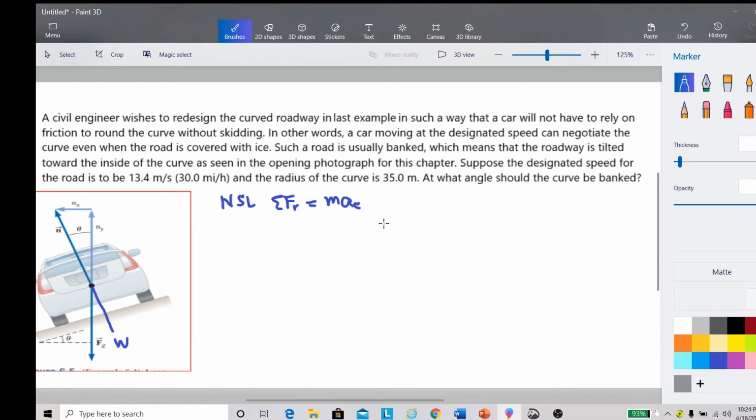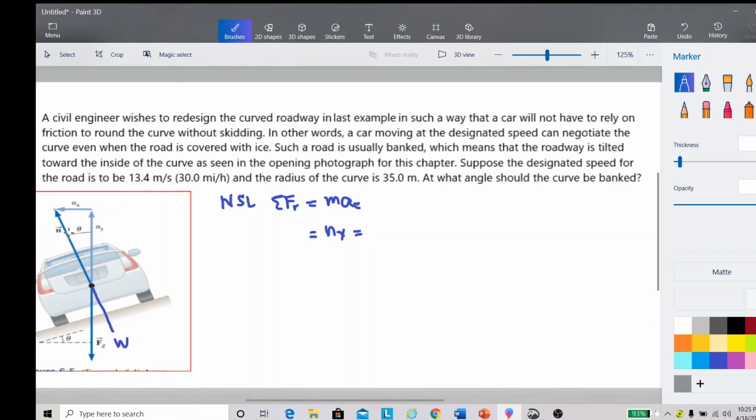Yan yung ating i-apply dyan na principle. So, if we sum up forces at the radial direction, it will be equal to ma. The only force seen is equal to the Nx. So what is this? N sub x, no? N sub x. And what is N sub x equal to? N sub x is equal to, if this is theta here, we know that this one is also theta.